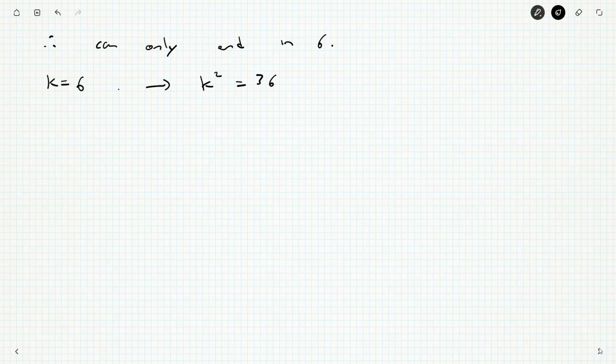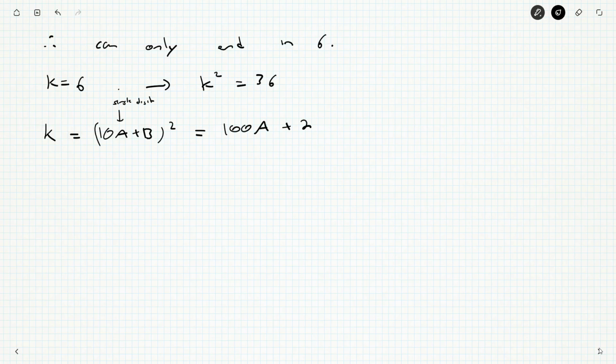Now let's suppose that k is a 2-digit Anderson number. So k is 10a plus b, and this time a will be a single digit, as opposed to before when I didn't really care. So 100a plus, oh, and it won't be plus b, it'll be plus 6.